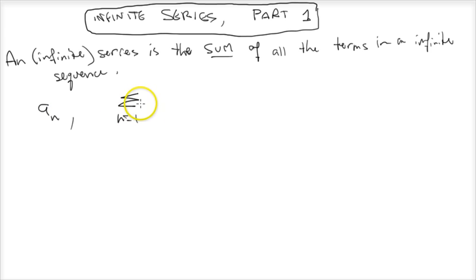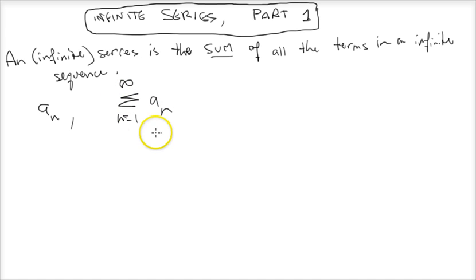And again, these series, like sequences, always start at 1. That's really just a convention. They can start at other values, but most of the time we use 1 so that the sequence we use looks a little nicer. So it's the sum from n equals 1 to infinity of a of n.